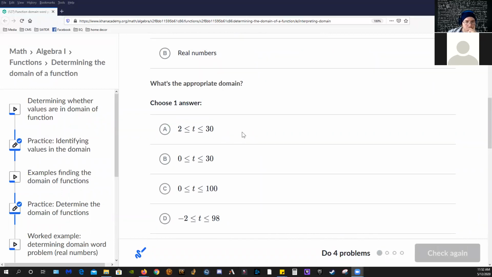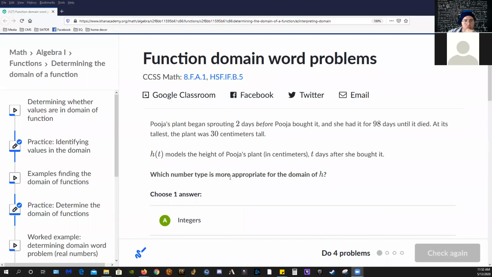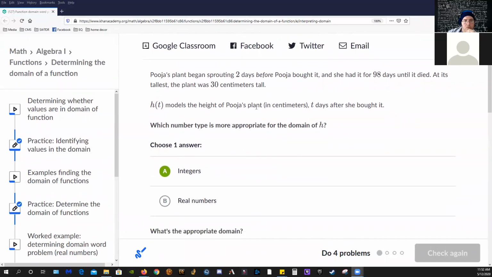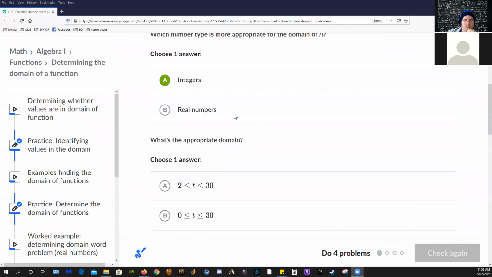So the domain, like so. Rereading. She had it for 98 days. It lived for 100 days because it started sprouting 2 days before. But it says right here, H of T models the height of Pooja's plant in T days after she bought it.